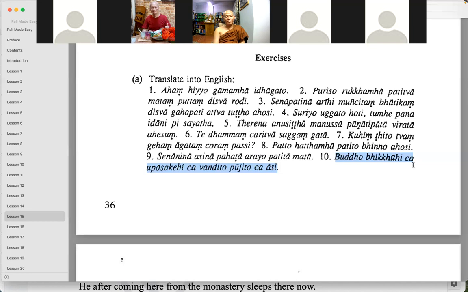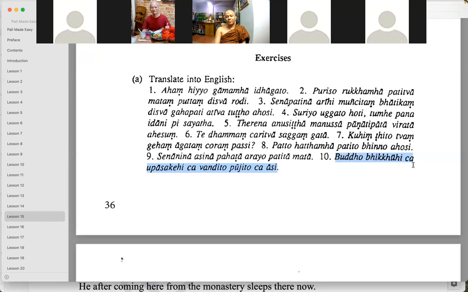Bhikkhuhi, because the hi there is instrumental, by the monks. Cha is enclitic, and Upasakehi also instrumental, by the lay devotees. Cha again enclitic, and Vandito is a past participle of Vandati. You can use it as pay homage or veneration, venerated.